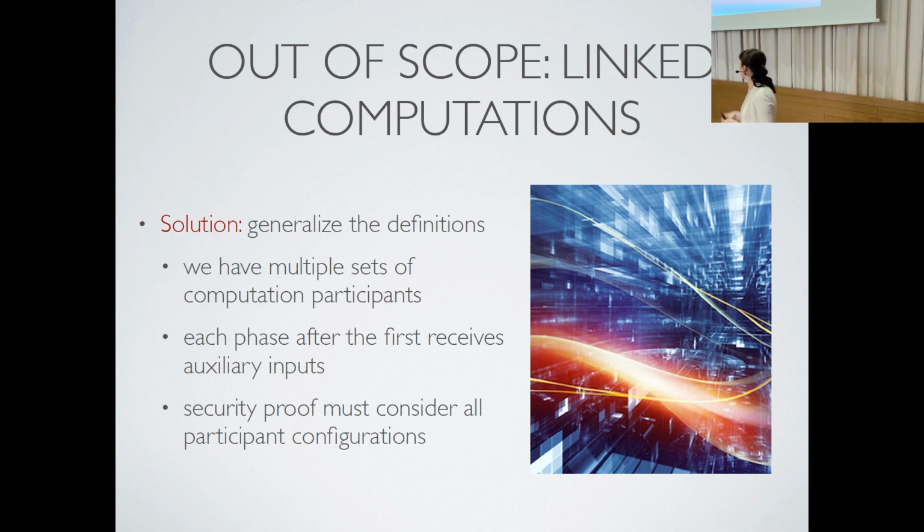This is work that is going to appear later this month, and if you're interested, you can take a look. It is focused specifically on biometric authentication, but the definitions are general. They apply to any kind of secure computation that you might want to use.